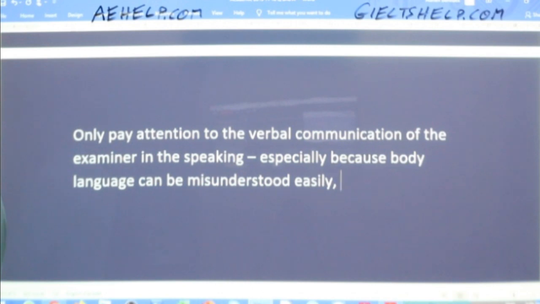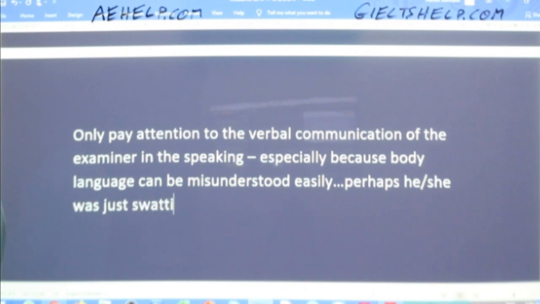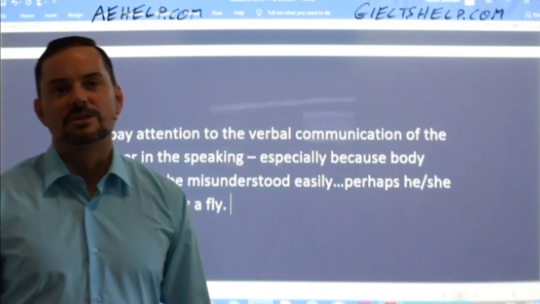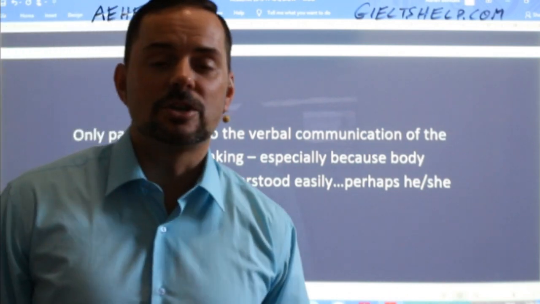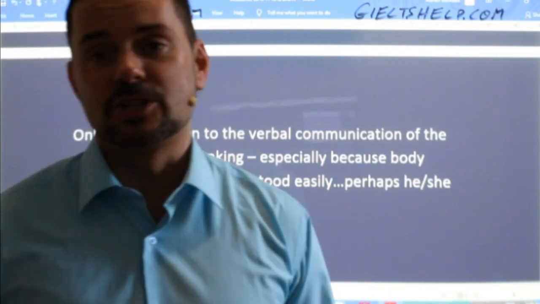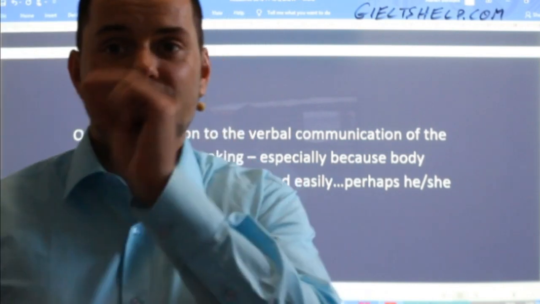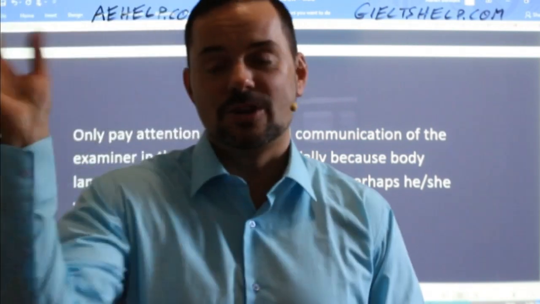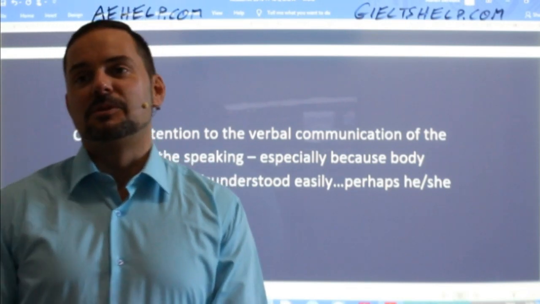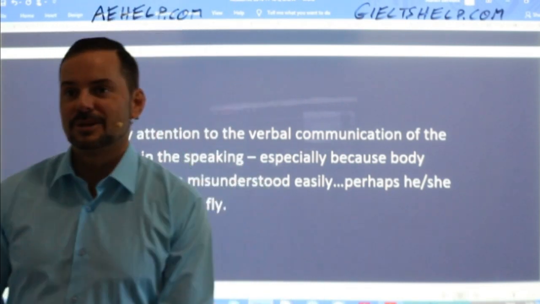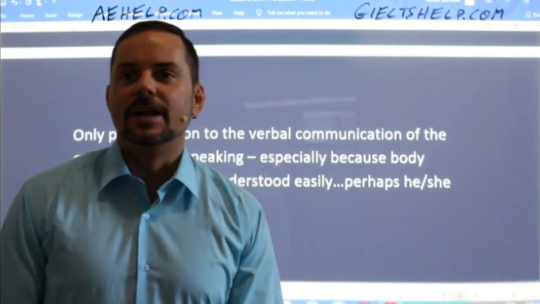And perhaps he or she, I'm not sure if it was a man or a woman, but perhaps he or she was just swatting a fly. Okay? So I know that sounds funny, but we do miscommunicate even verbally and with body language especially. So maybe there's some kind of a fly in front of their eye that you can't see, and they're just trying to get that fly away from them, a little fruit fly or something. Who knows? Okay. All right.